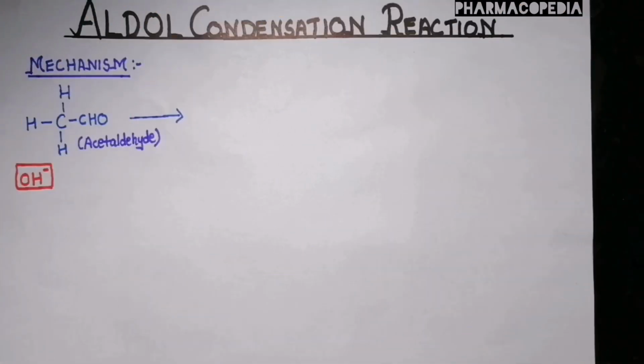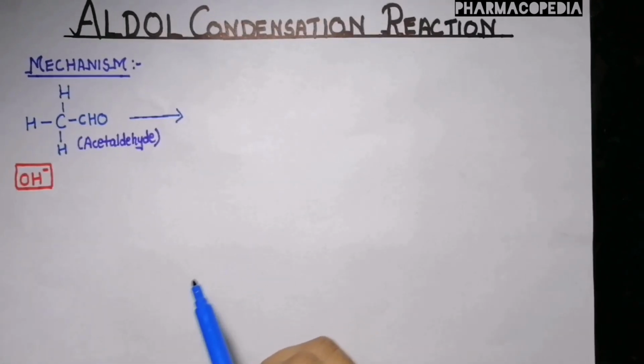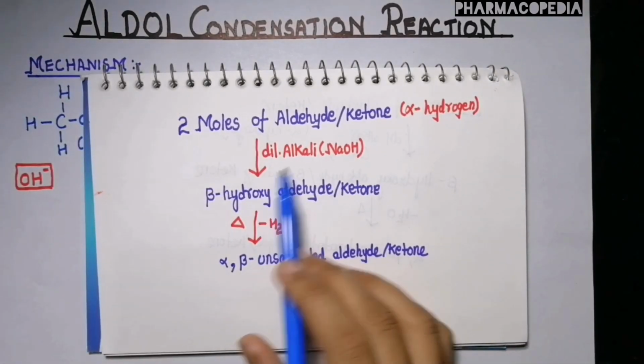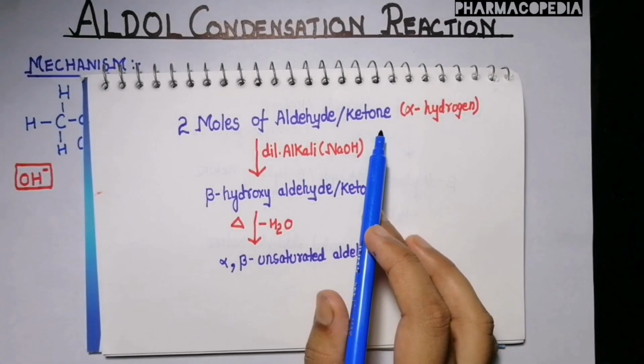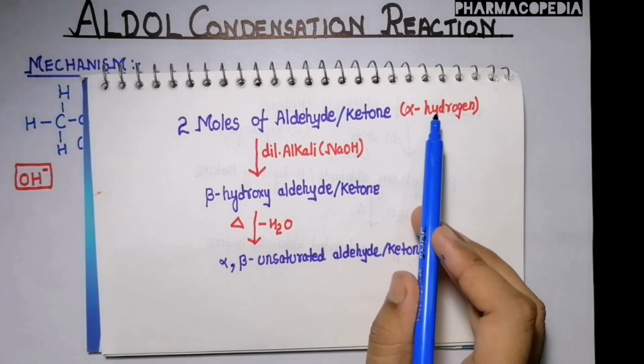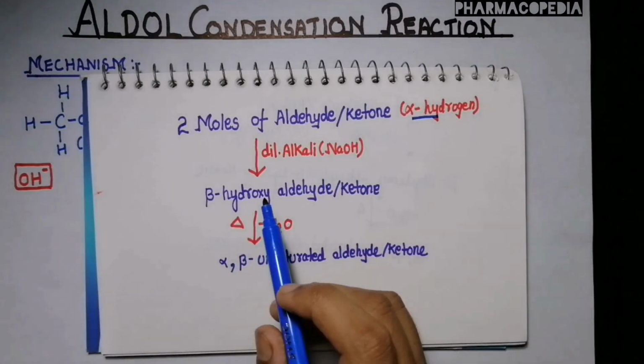So in this video, I'll be discussing the aldol condensation reaction along with its mechanism in detail. So let's get started. In the aldol condensation reaction, 2 moles of aldehyde or ketone having at least one alpha hydrogen react. Remember that the aldehyde or ketone should have at least one alpha hydrogen.